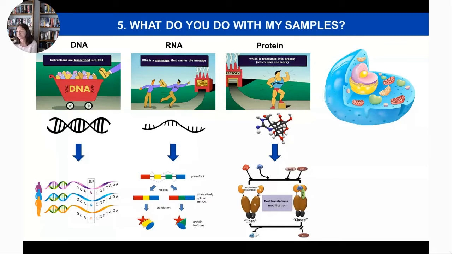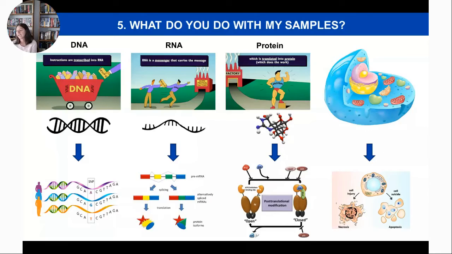And then in terms of the protein, you can have modification of your protein. So let's say it's just a little cartoon to show you the differences, but you have different protein structure here. You can have a closed version versus an open version. So the closed versus open is actually caused by modification at a protein level. So based on that, we actually look at how the cell survives or is healthy or is dying.